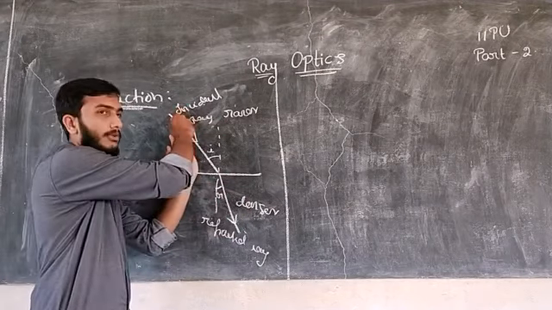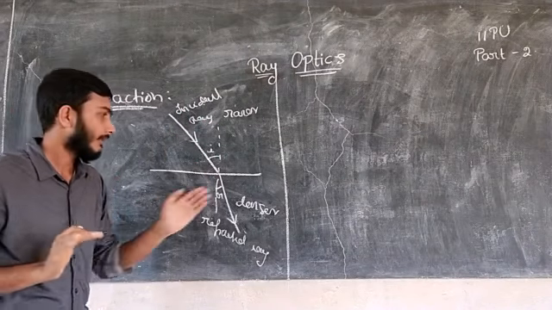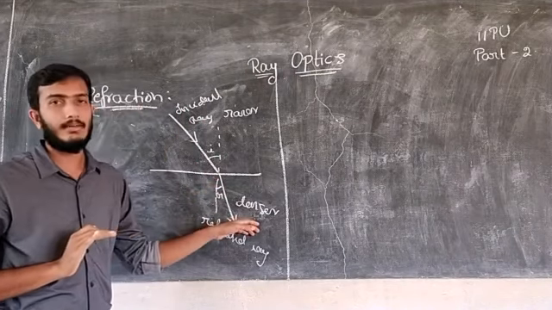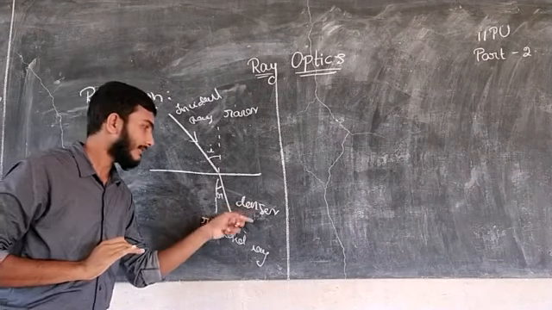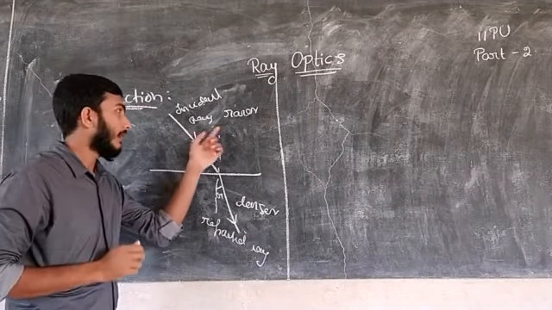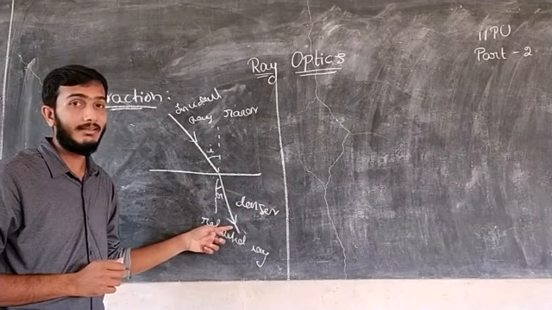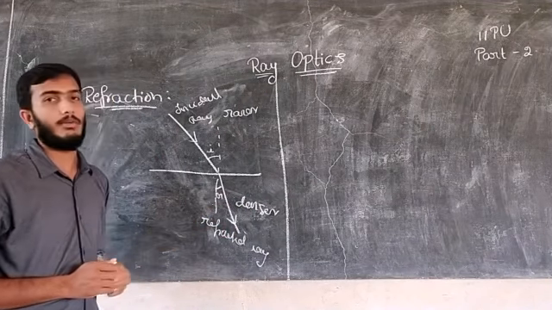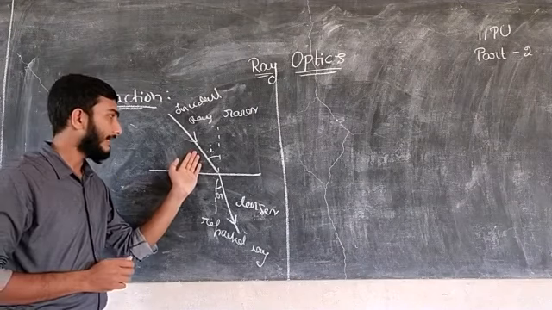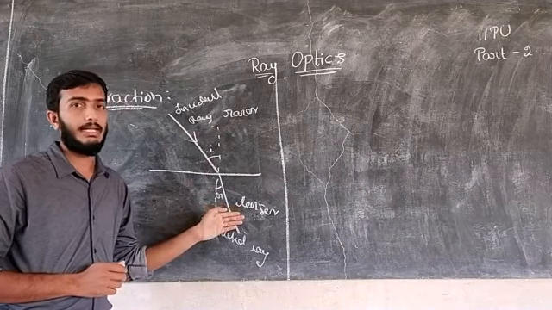The rarer medium's density is less, and the denser medium's density is high. When the light travels from the rarer medium to the denser medium, the refracted ray moves towards the normal.